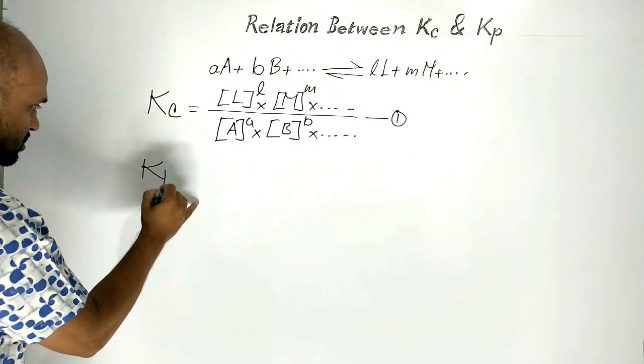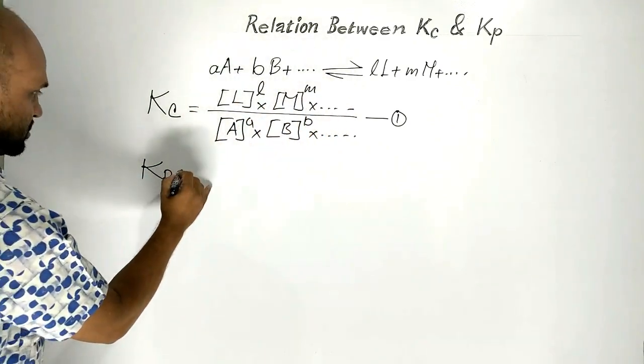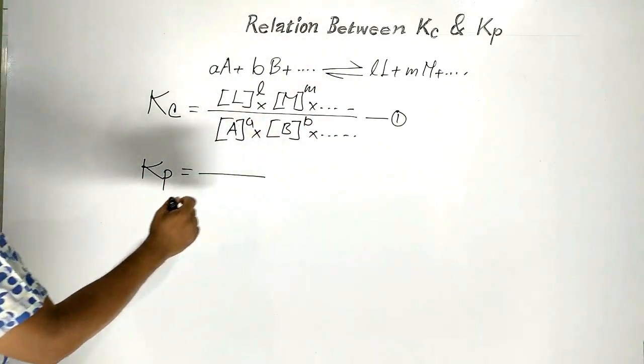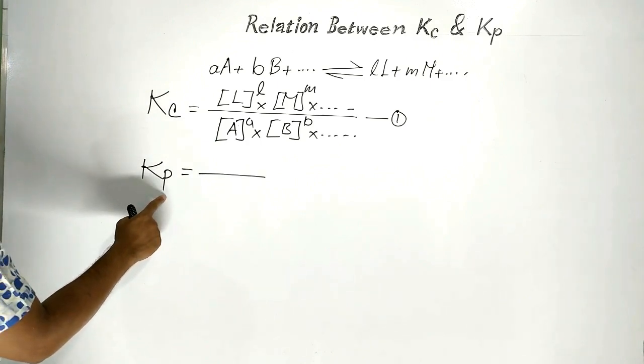Then, when all the components are in gaseous state, we can write Kp, equilibrium constant in partial pressure.